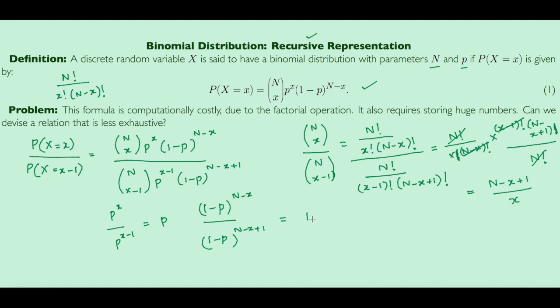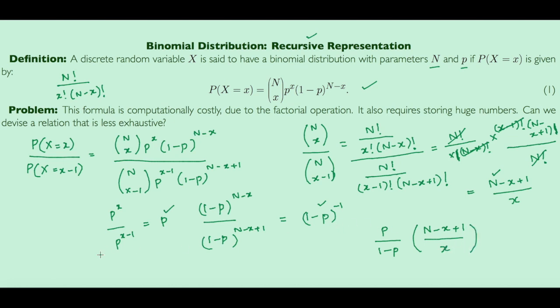This is equal to (1 minus p) to the minus 1. If I combine these, I get p over (1 minus p) times (n minus x plus 1) over x.